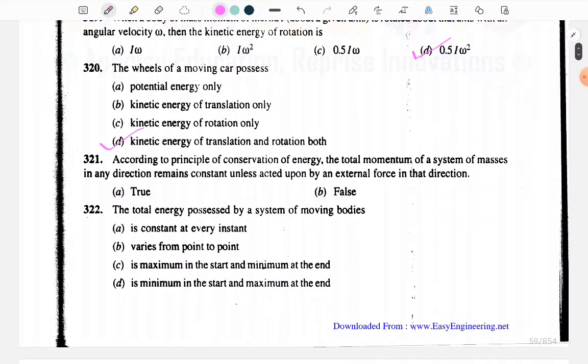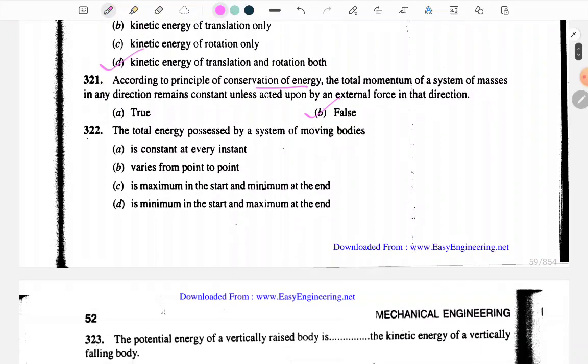No, conservation of energy is not this definition. The total energy possessed by the system of moving bodies is constant at every instant. Total energy is constant every instant. Okay, so 322 is A.